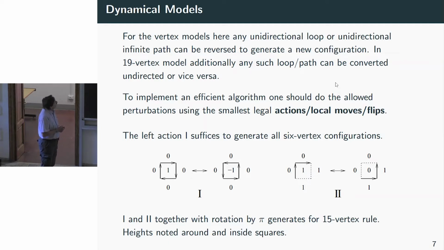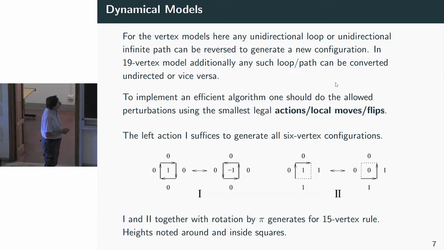The numbers around are the heights, defined the way they were on the previous slide. You notice that the height in the center obviously changes when these orientations are reversed. Now, when you go to the 15-vertex rule, you need to add something more because the unoriented edges are allowed.